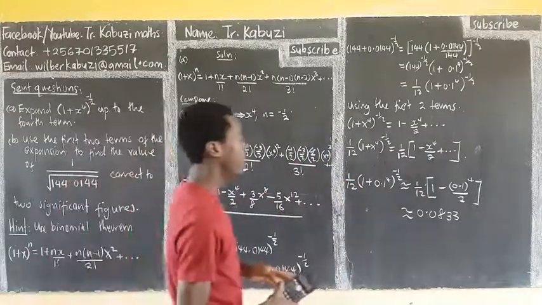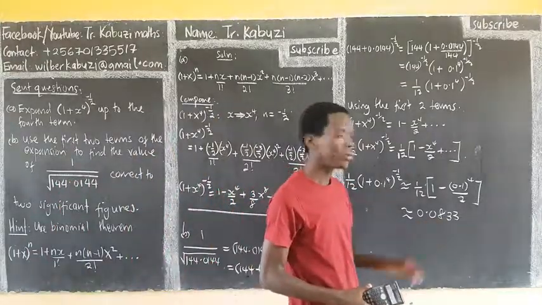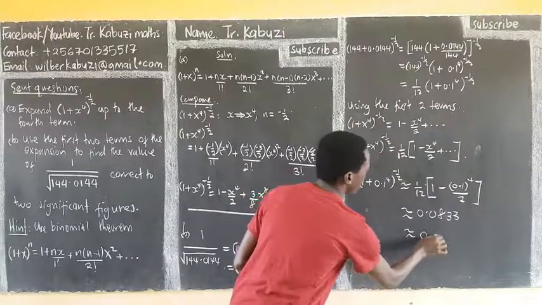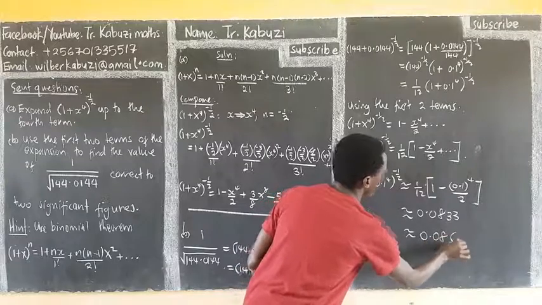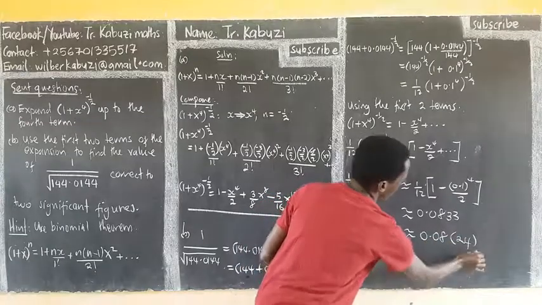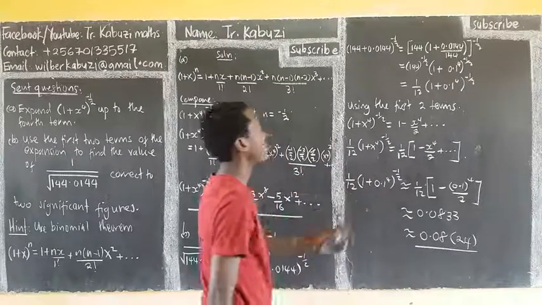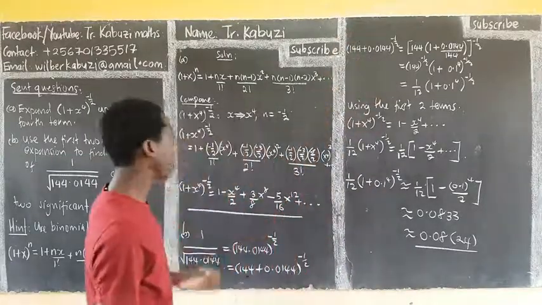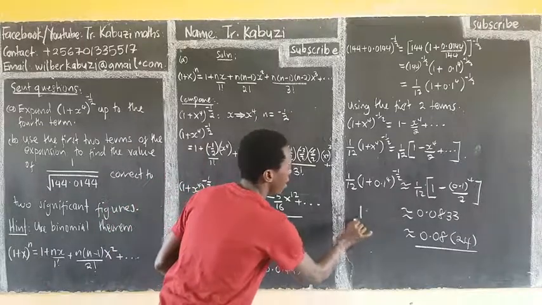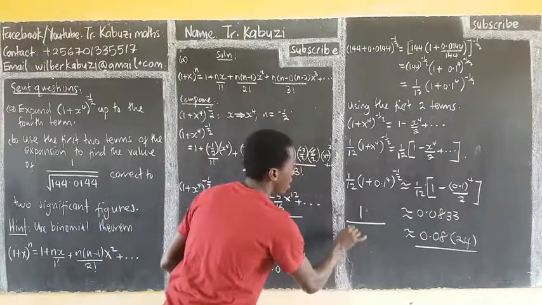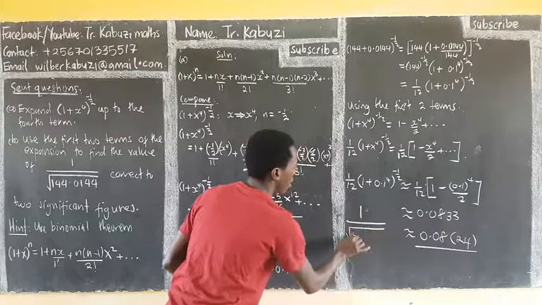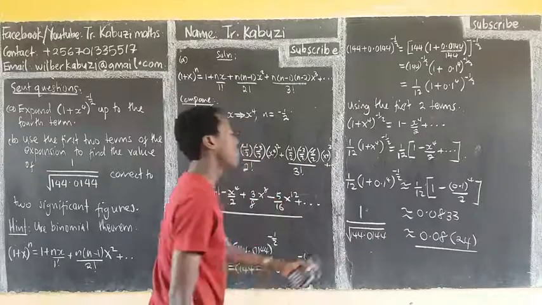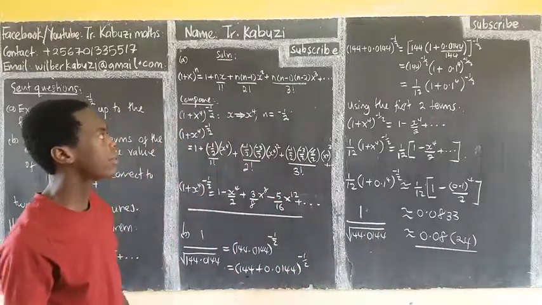So this one would be approximated to 0.08. So these are 2 significant figures. So this is what it is equal to. Remember, the whole of this is equal to this, and this is equal to this. So therefore, 91 over the root of 144.0144 is going to be approximately equal to that.